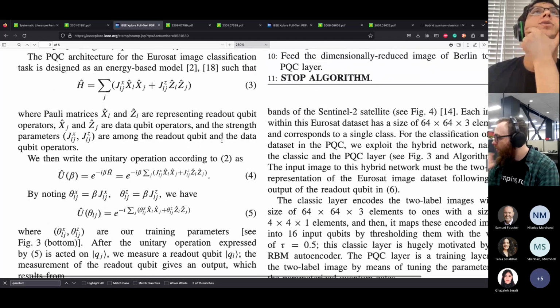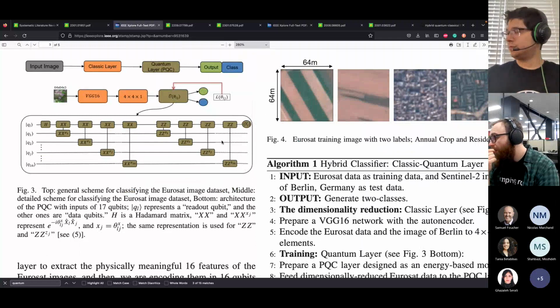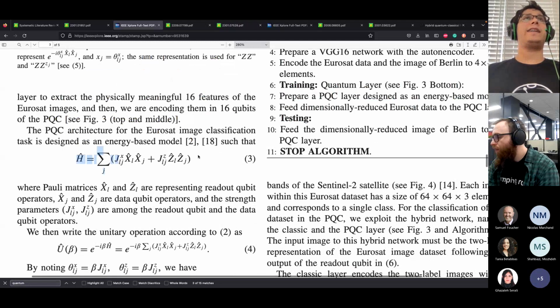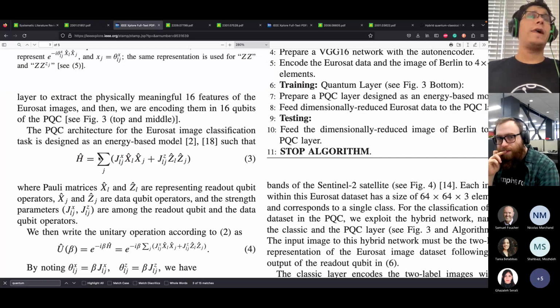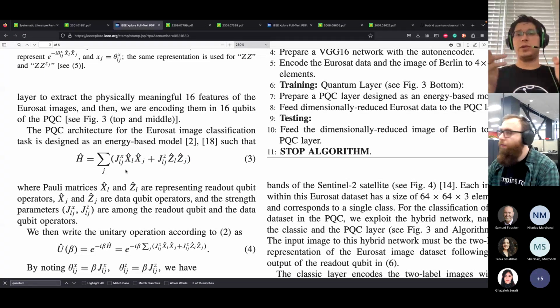So going back to the quantum approach, this part here. Again, you have a hat, so that means you have something that is quantum. Every time you see an X or a Z or a Y with a hat, these are the Pauli matrices, which means measurements along the different axes on the Bloch sphere.